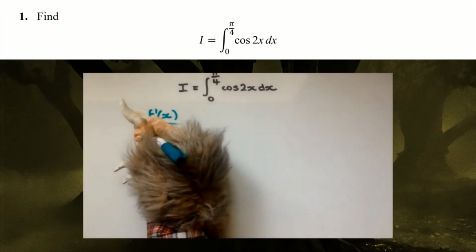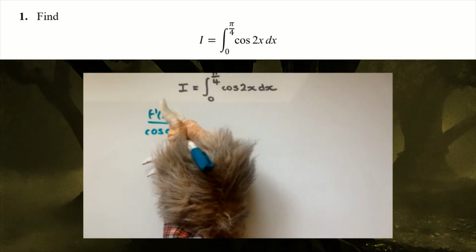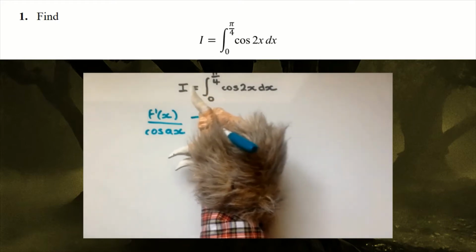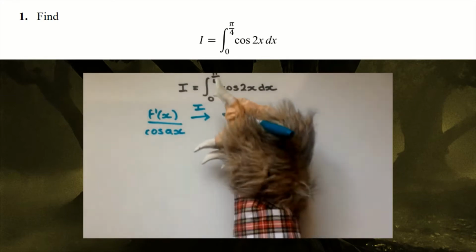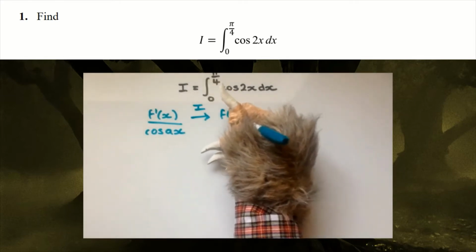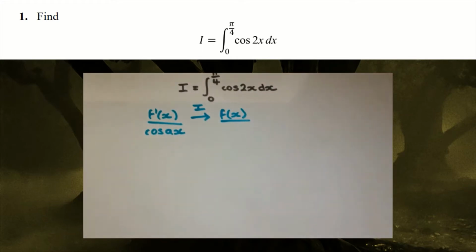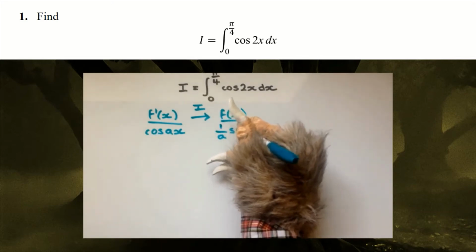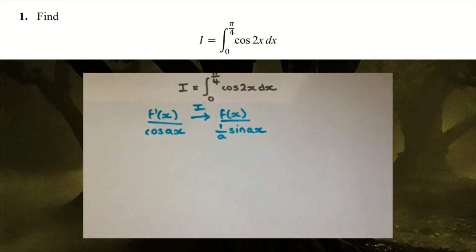And if this derivative is cos of ax, where a is a constant, then if I integrate, I'm just going to use an arrow and a big capital I to denote integration there. I'm going to get an antiderivative of f of x, and cos ax integrates to 1 over a sine of ax. And I'm writing this down because this is going to be useful later on in the preparation task.